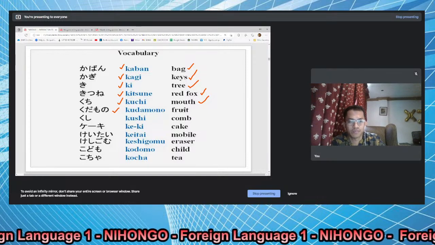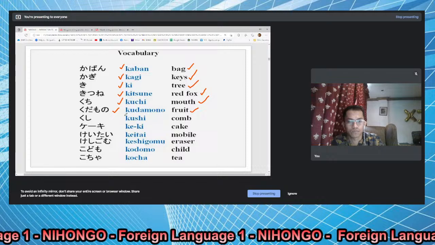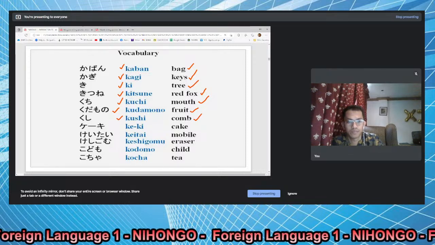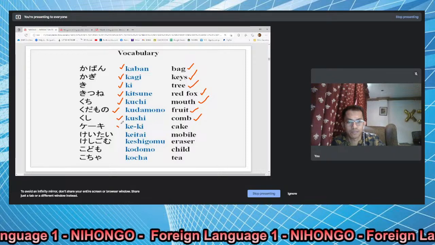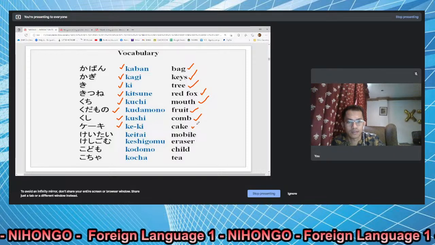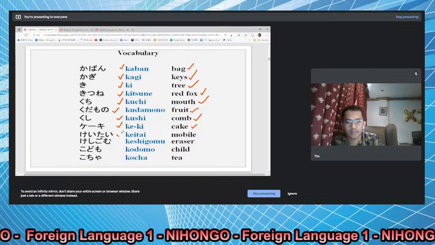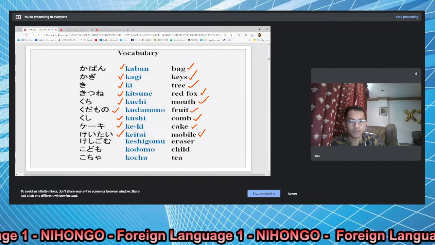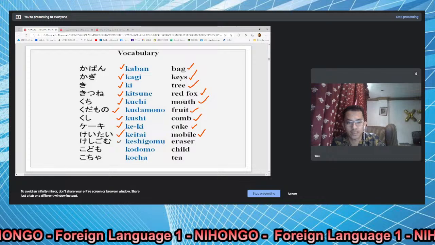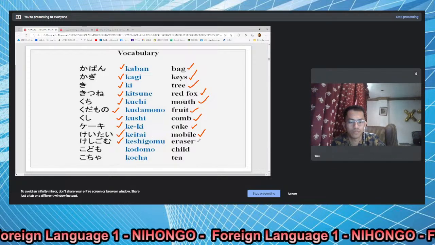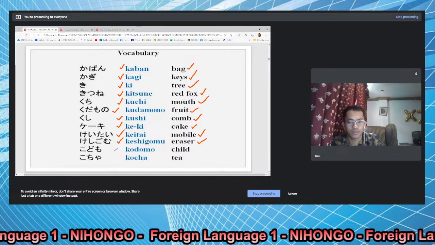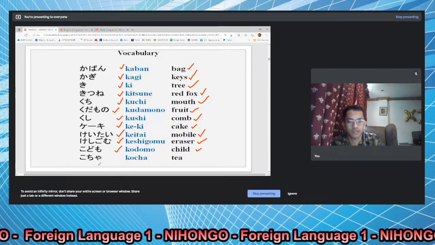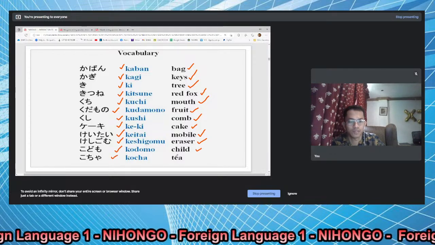Kudamono, fruit. Kushi, cone, of course the keki, cake, keitai. Keitai, mobile phone. Keshigomu, which means eraser. Kodomo is child. And kocha, tea.